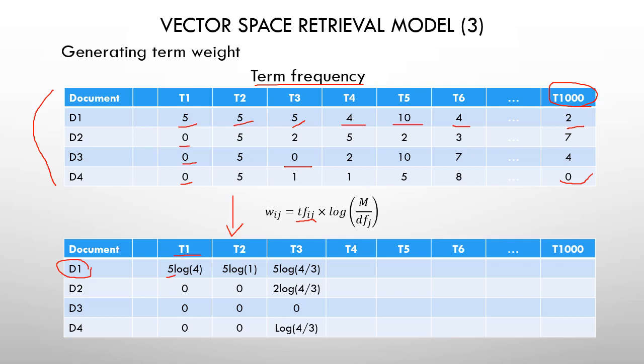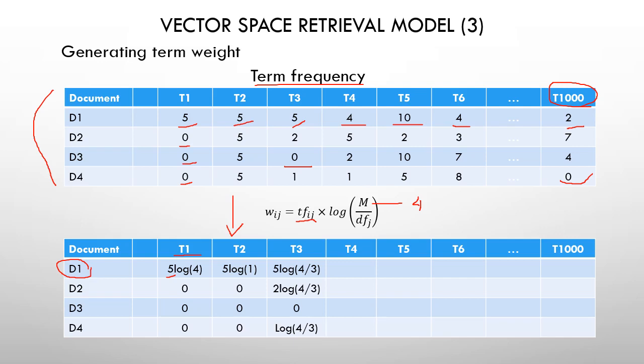And then multiplied by logarithm of m. This is the number of documents. But m in our case is equal to 4 because we have only 4 documents. And DFG, okay, for term 1, it appears only on document number 1.